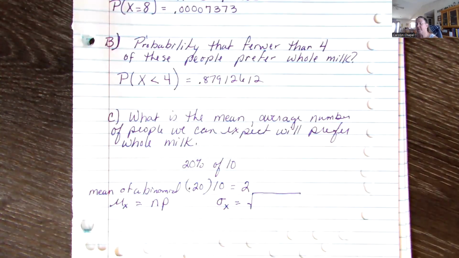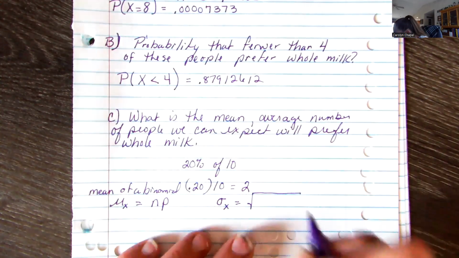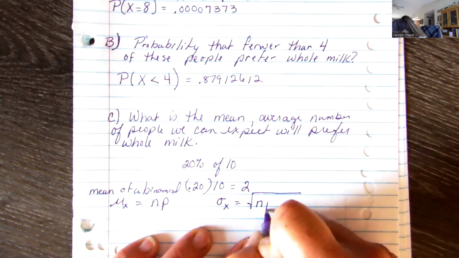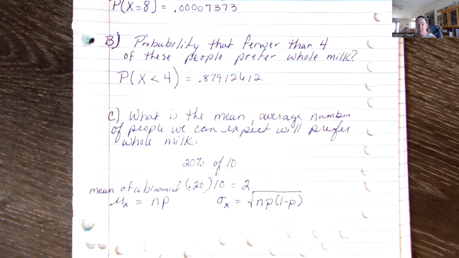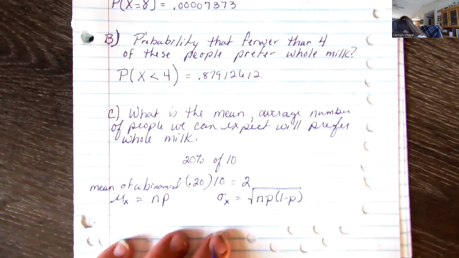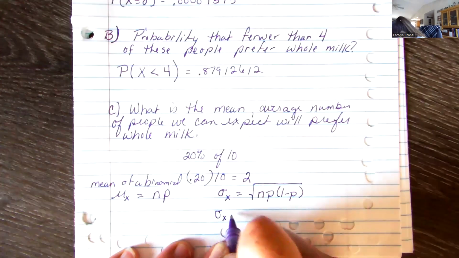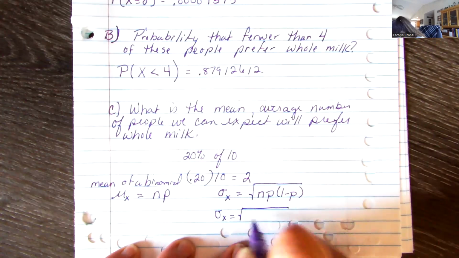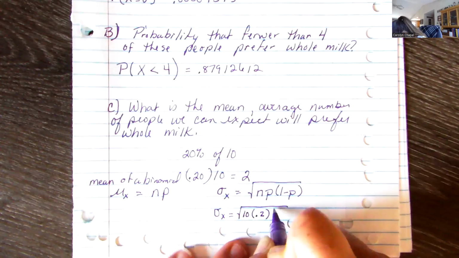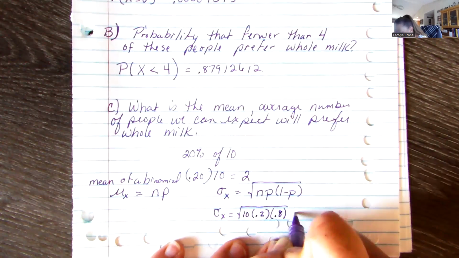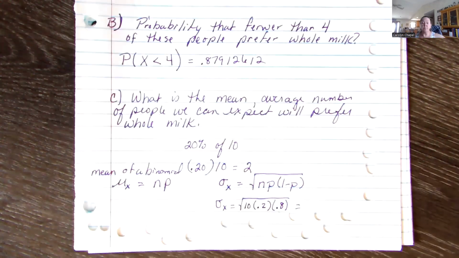But it is a lot less complicated than adding a bunch of stuff up and squaring things and subtracting things and all that kind of stuff. All you have to do is take n times p times 1 minus p and then take its square root. So for this problem, we would just take our 10, multiply it by our 0.2, multiply it by that 0.8, and multiply all those pieces together.